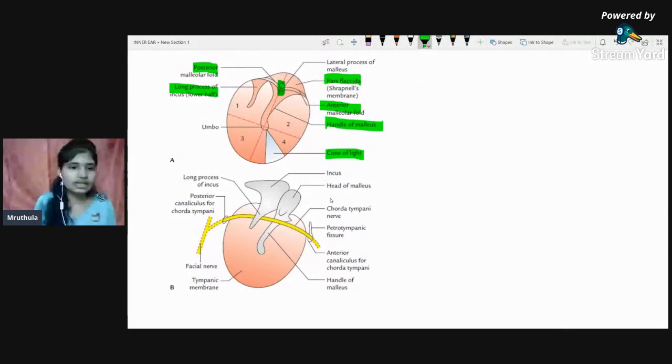So we could see the head of malleus. We could see the chorda tympani nerve, which is running between the long process of incus bone and the handle of the malleus. These are the important features you should appreciate on the medial surface.